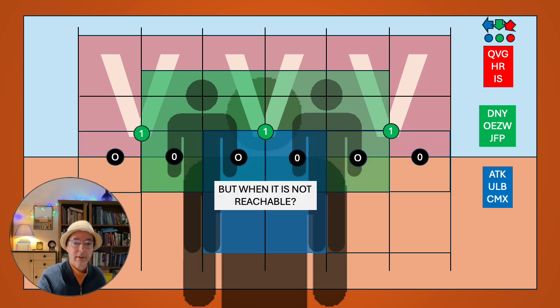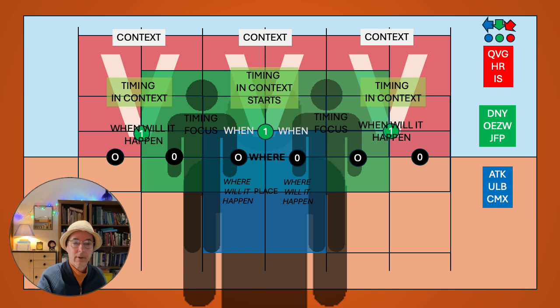So when it is not reachable, of course, that we know immediately what the placements are, when we don't see what the placements are, we have to see, okay, but when do we have these placements? These placements have also a timing, so instead of the placements themselves, it's for you, it's for me, we can't see that, but we can focus upon the timing, one level higher, and this timing depends again on context.